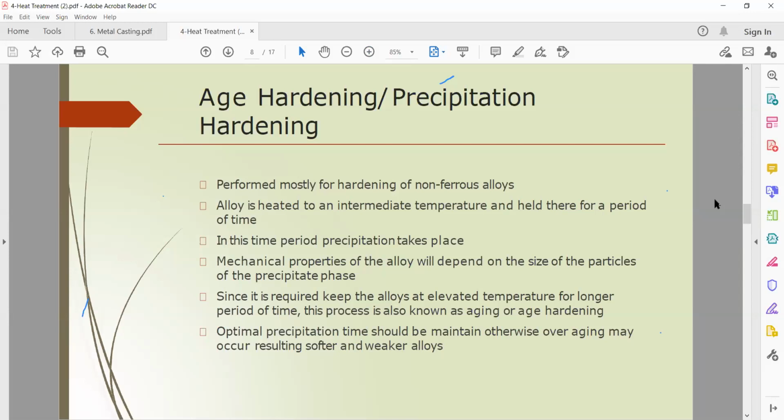One is age hardening, the other one is case hardening. These are the major hardening varieties. So what is age hardening? It can be named precipitation hardening also.